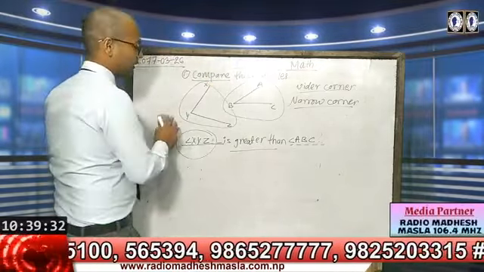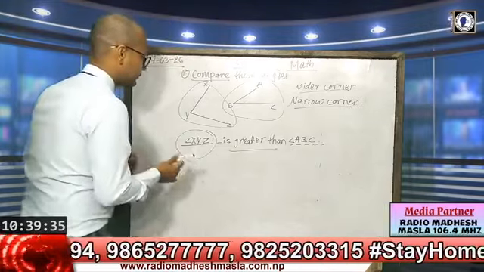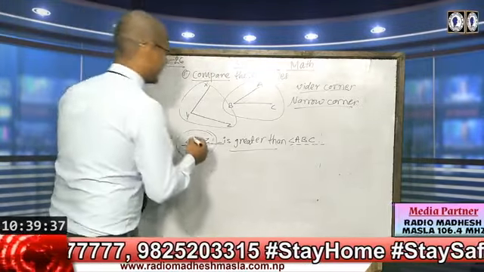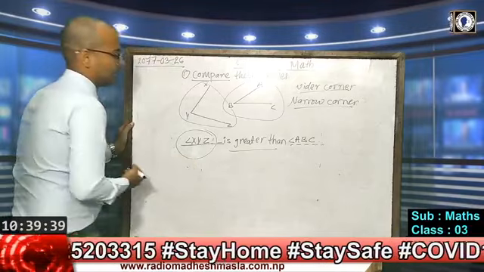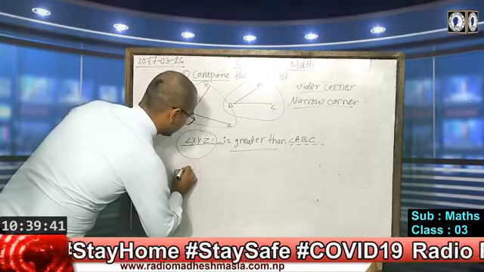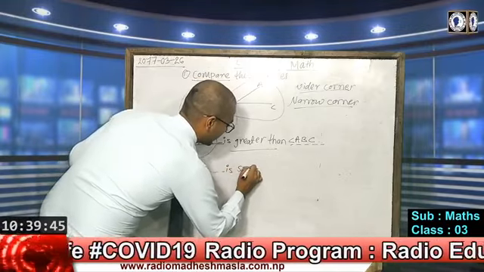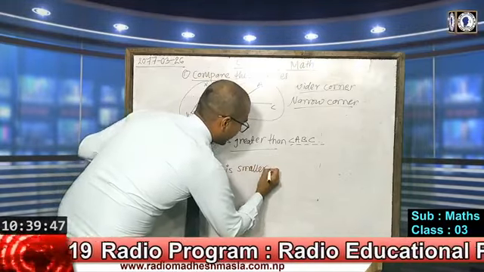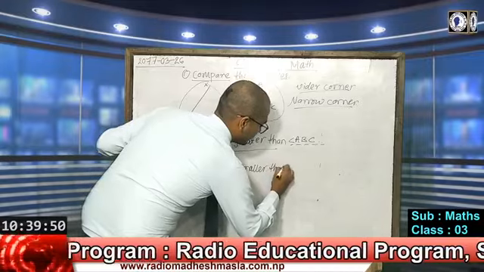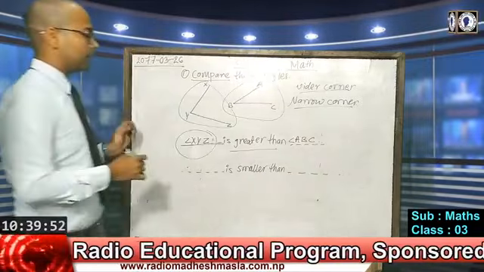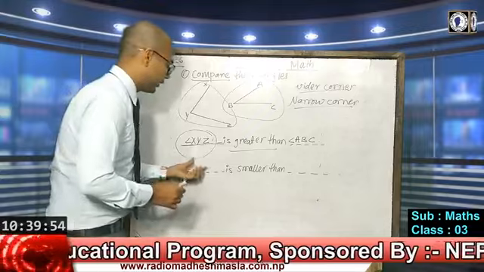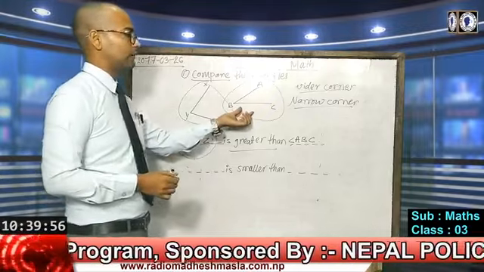Let's take another question. Sometimes the question will be like this: dot dot dot dot is smaller than. In this condition, if smaller is given, then we should write the name of the smaller angle, that means the narrow angle.